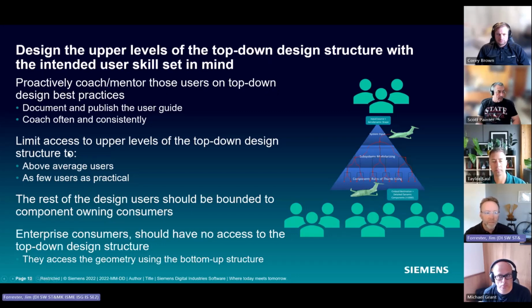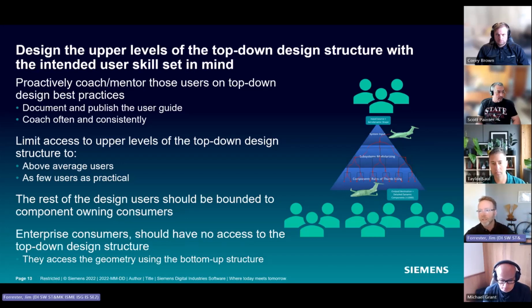I find it's best to limit access to the upper levels of the top-down design structure to a few of your most skilled SME users. The rest of the users should be bounded to being component owners below. Enterprise consumers, supply chain, whatever they are, should have no access to the top-down design structure. In fact, they shouldn't even know about it.